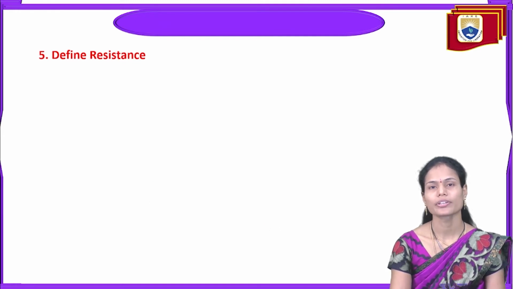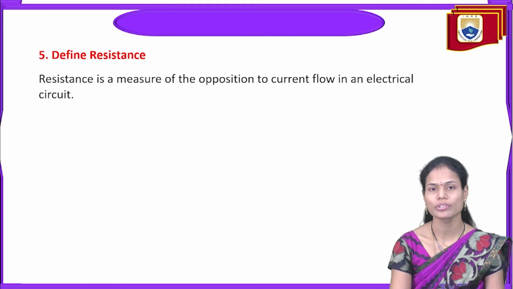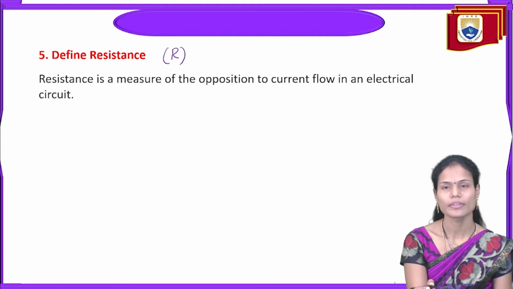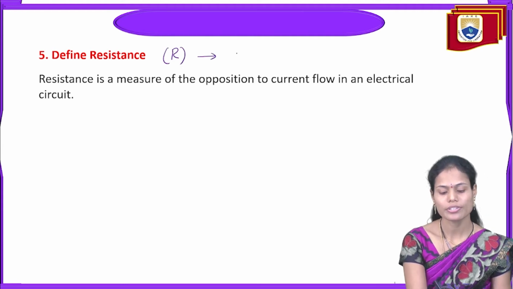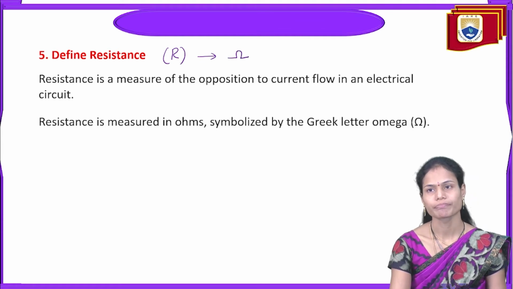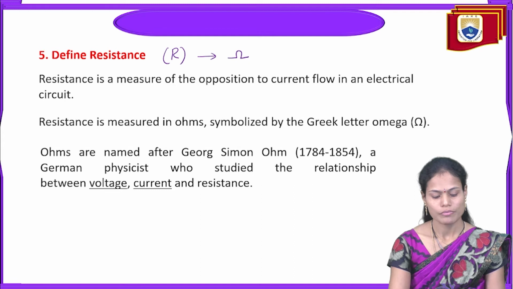And the next parameter is define resistance. Resistance is nothing but the opposition to the flow of current in the electrical circuit. The opposition to the current indicates the resistance. We indicate resistance with R, and the unit for resistance is ohms, which we can also call omega.